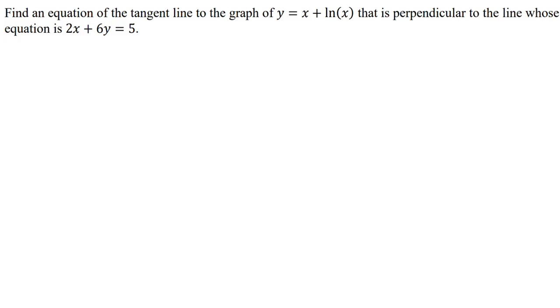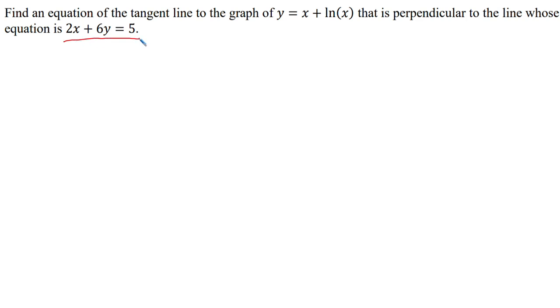All right, for our next one, we want the equation of the tangent line to the graph of x plus ln x that's perpendicular to the line with that equation. So first off, let's figure out what the slope of this line is.